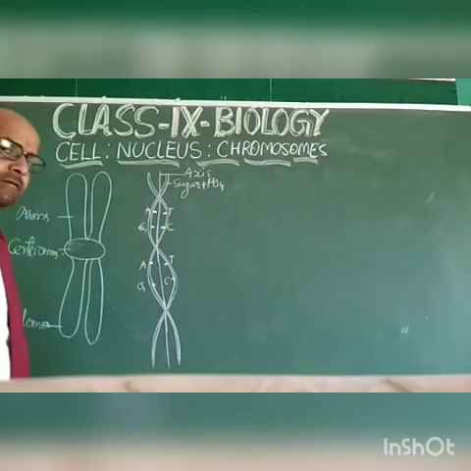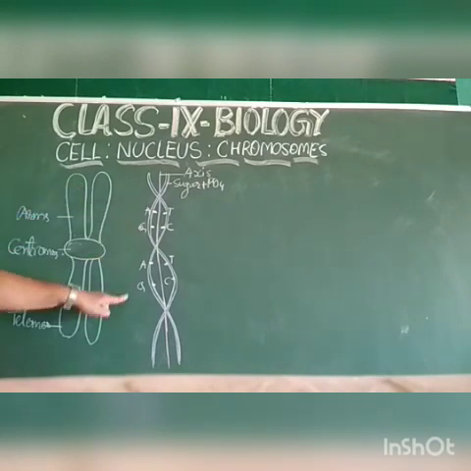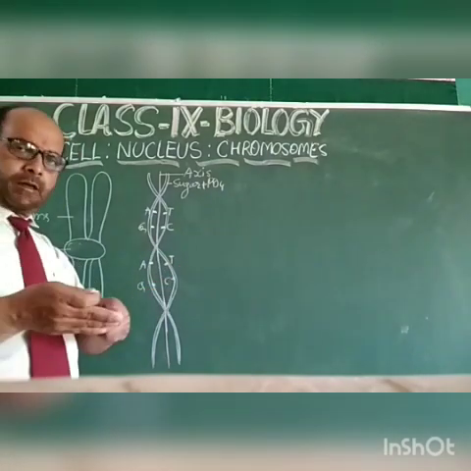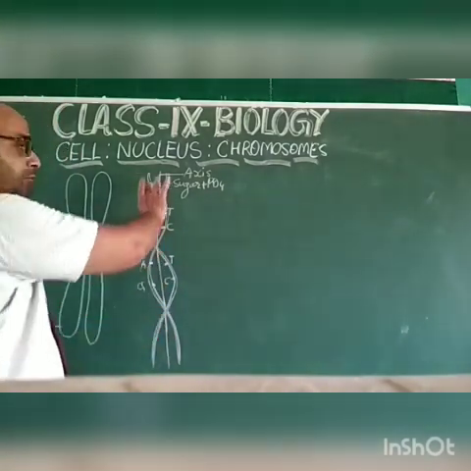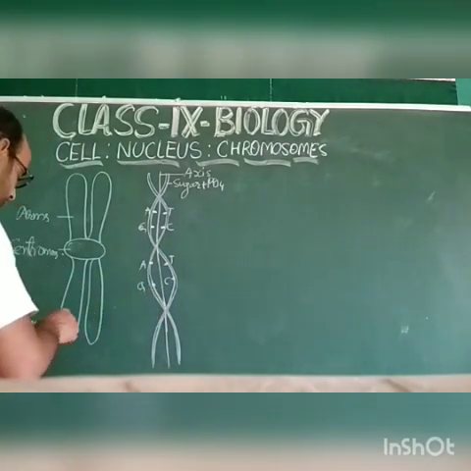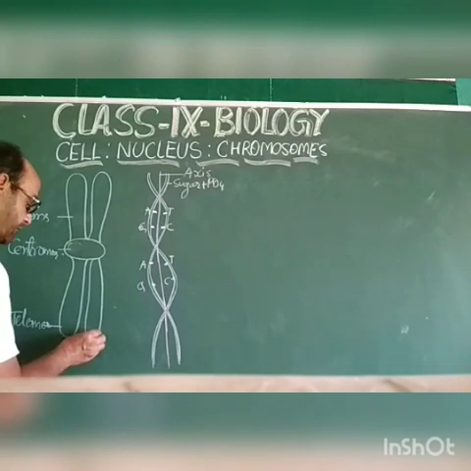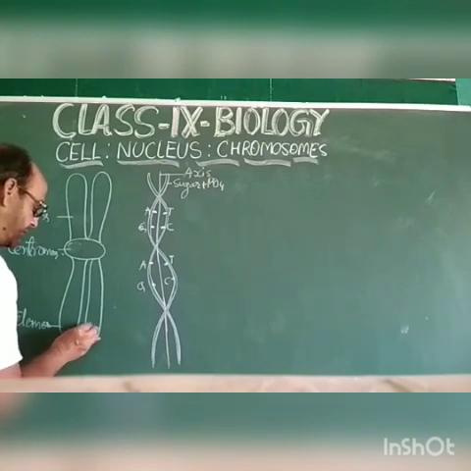So my dear students, why is the chromosome called the genetic material? The chromosome is called the genetic material because of the presence of DNA. Since DNA is very long, 2 meters in length, it gets supercoiled and packed into different units like this. These are the DNA units.